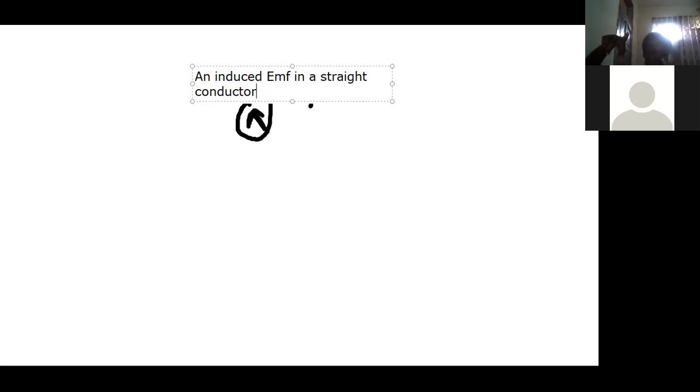If the first two fingers and the thumb of the right hand are held at right angles to each other, with the forefinger in the direction of the field and the thumb in the direction of the motion. So the thumb is the direction of the movement of the conductor.